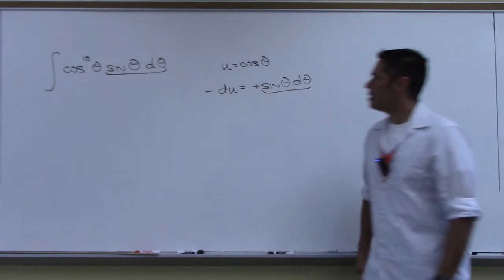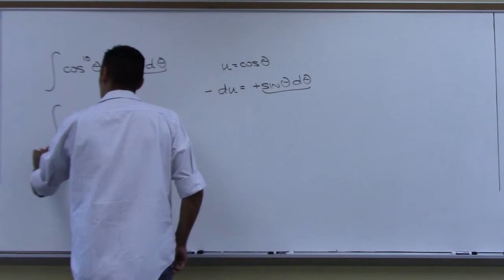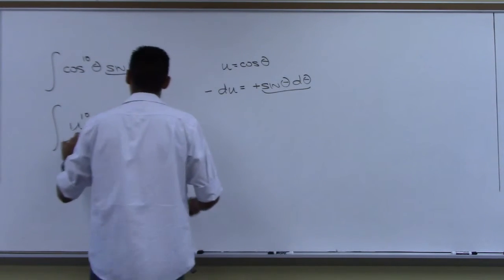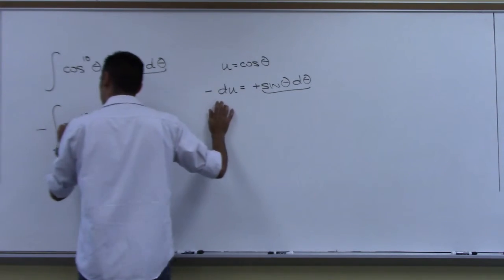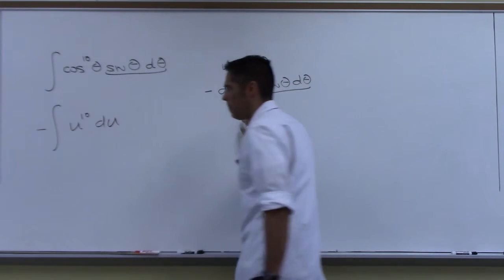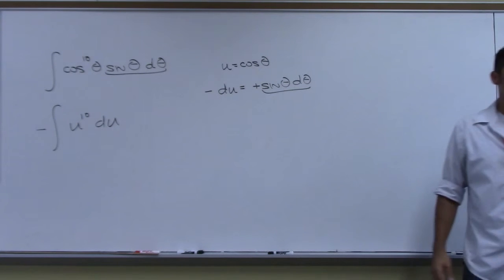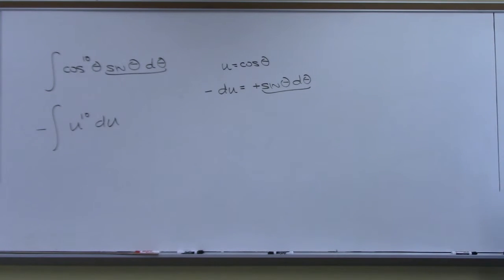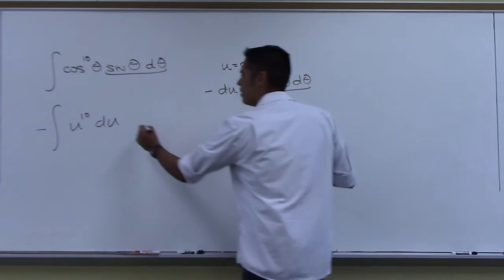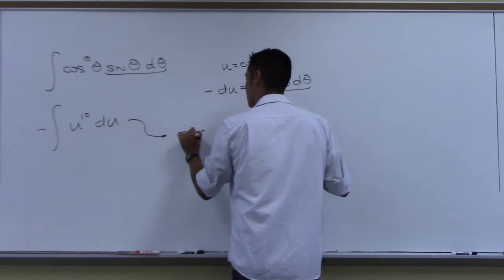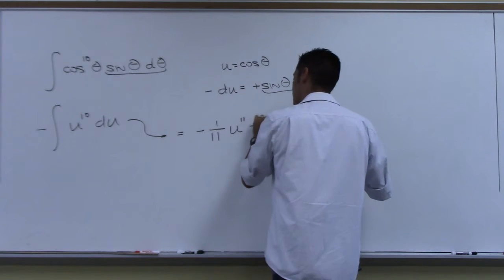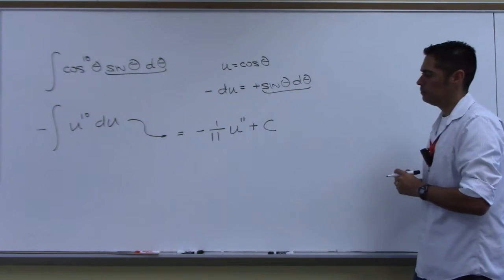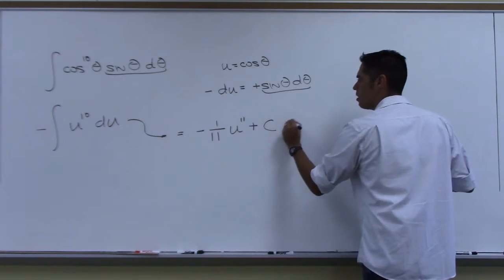And now the integral becomes u to the 10th, and then all this is just negative du, so negative goes on the outside. And that we just use the power rule, right? So that becomes negative 1/11th u to the 11 plus c. And u is cosine.